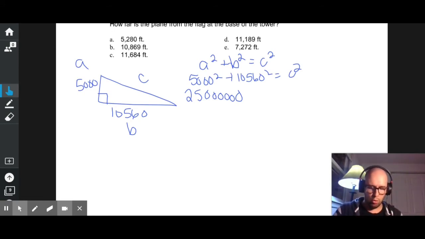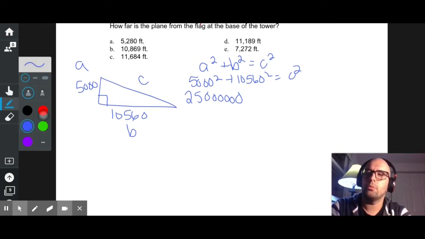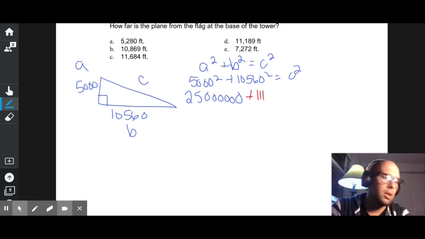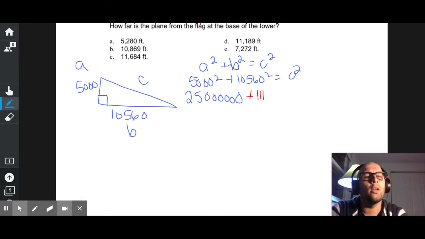Let's get out our handy dandy calculator. 10,560 squared is 111,513,600, which is going to equal C squared.